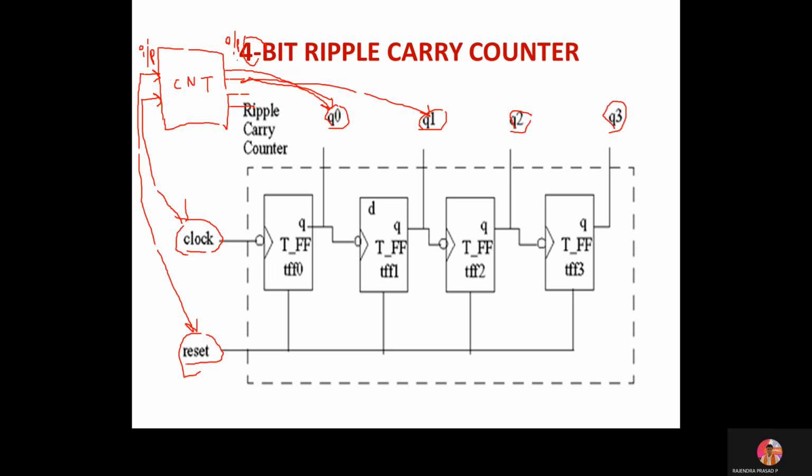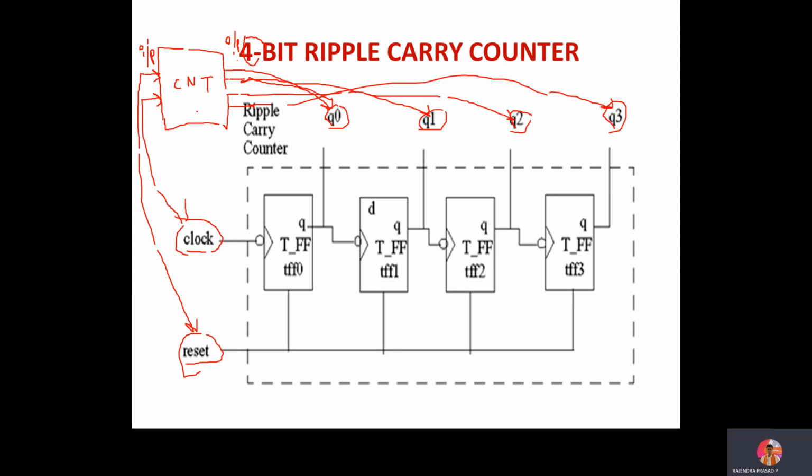So this is a black box. What is this black box? It gives information about the input variables and the output variables. My inputs are clock and reset, my outputs are a 4-bit value, which is Q0, Q1, Q2, Q3. So this is the black box of the implementation of your 4-bit ripple carry counter.